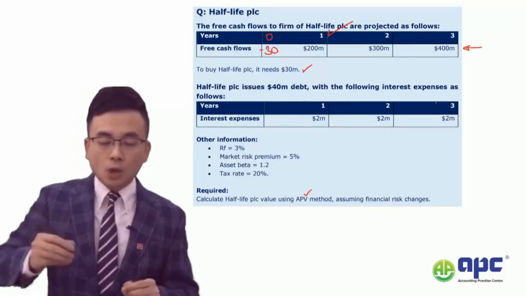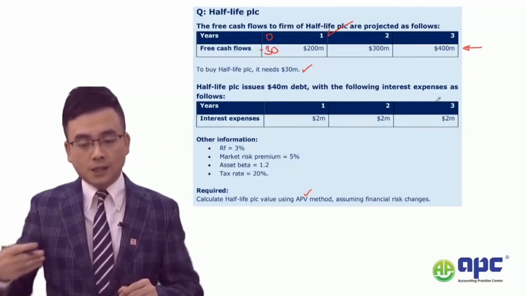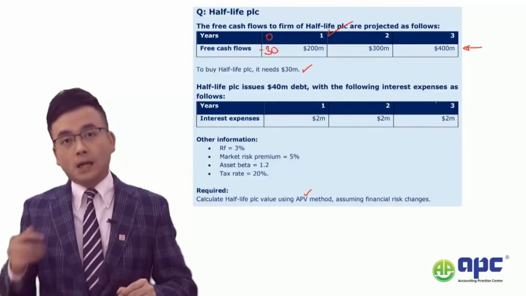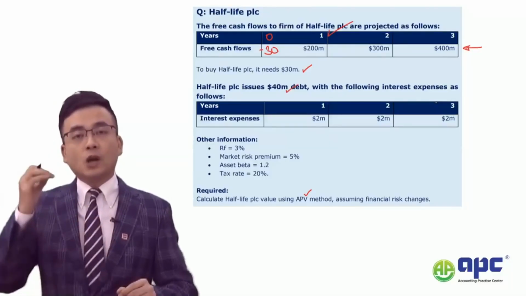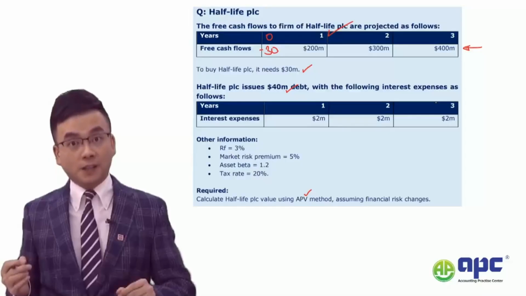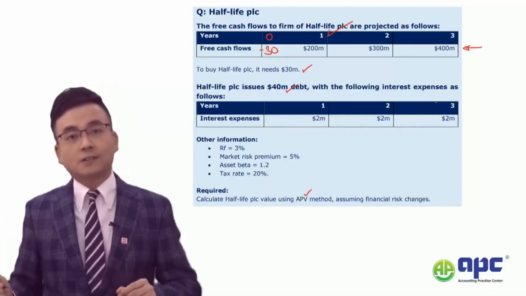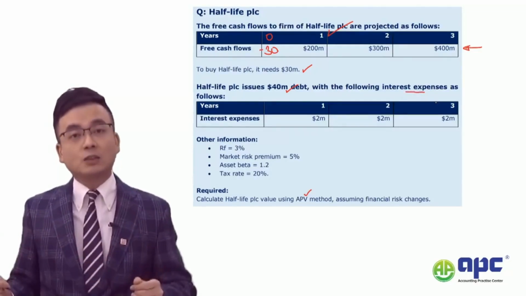Now, we're also told that Half-Life PLC has debt of $40 million. But in the APV calculation, we simply ignore it. Because when we calculate step number 2, the present value of the finance effect, we only consider the interest expense effect, which in years 1, 2 and 3 will be $2 million each.